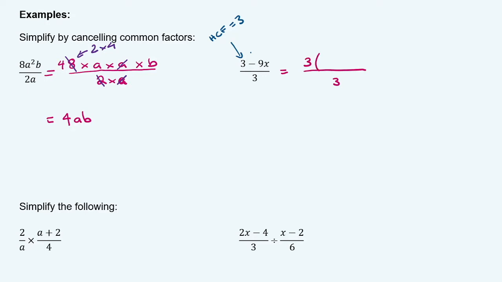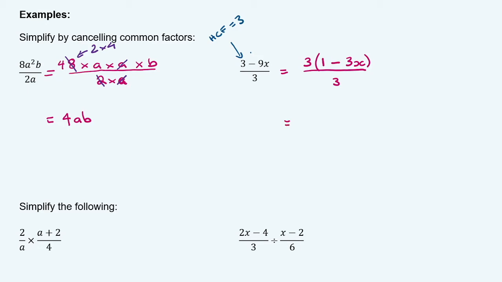And what's left? Well, in front of that minus sign, I don't actually have anything left, so I'm going to put a 1 because it's one of them. I multiply 3 by 1 and get 3. Put in my minus sign, and then I divide 9x by 3, which gives me 3x. So there I have my factorized fraction.